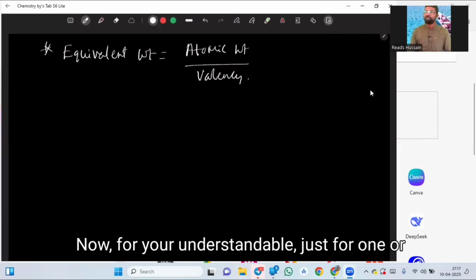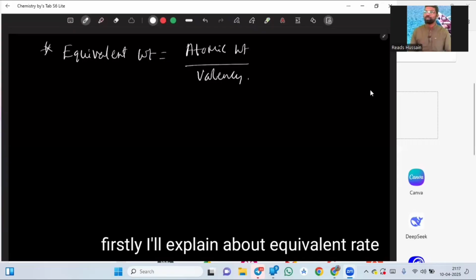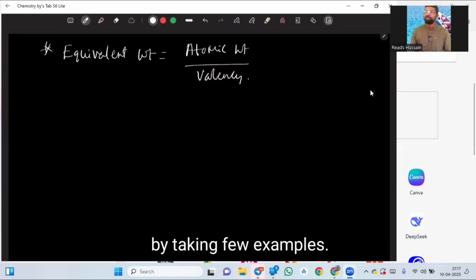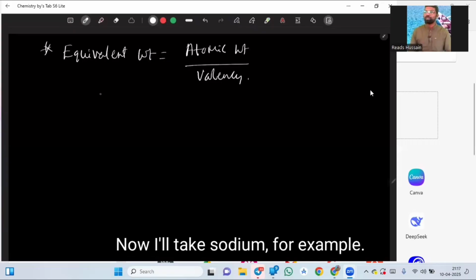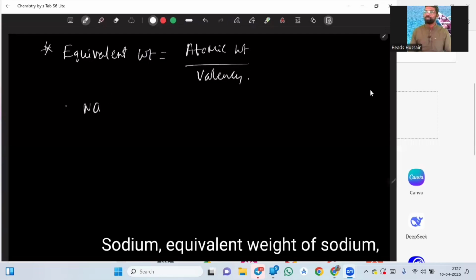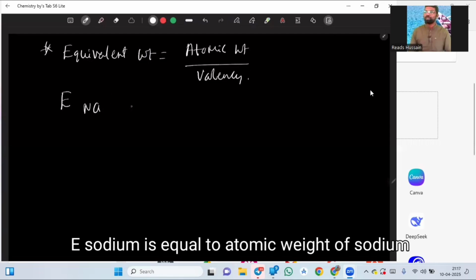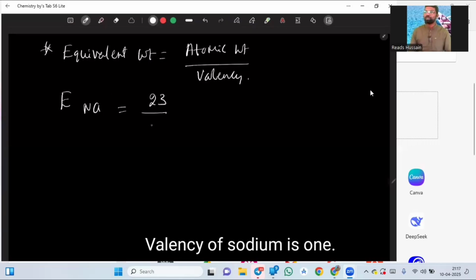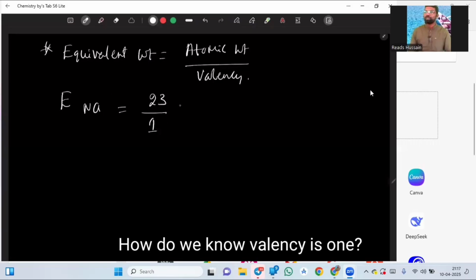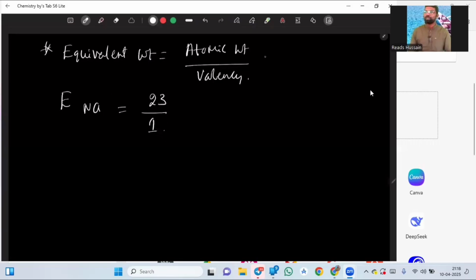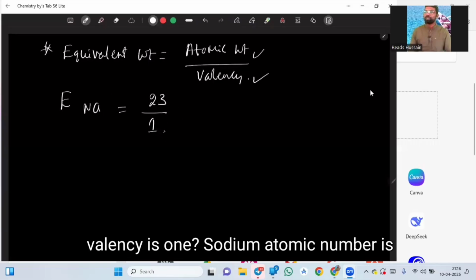Now, for your understandability, just for 1 or 2 minutes, I'll quickly explain equivalent weight by taking a few examples. Now I'll take sodium. Equivalent weight of sodium, E sodium, is equal to atomic weight of sodium 23 by valency of sodium, which is 1. How do we know valency is 1?